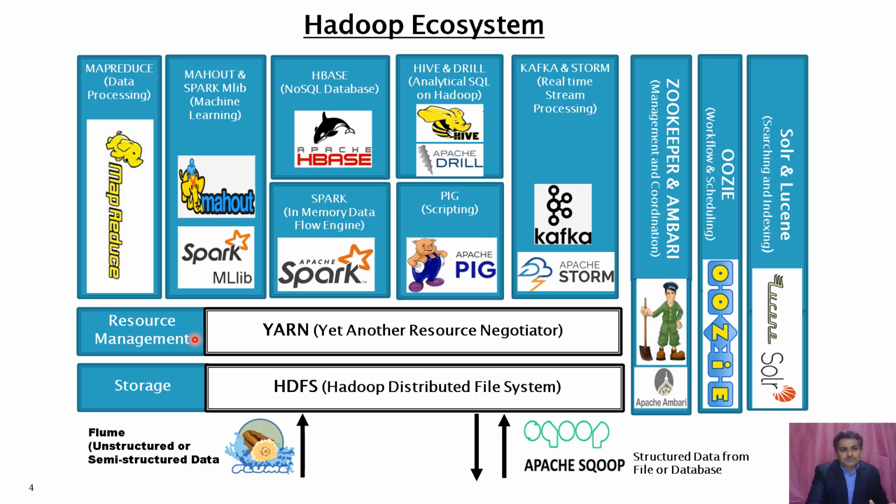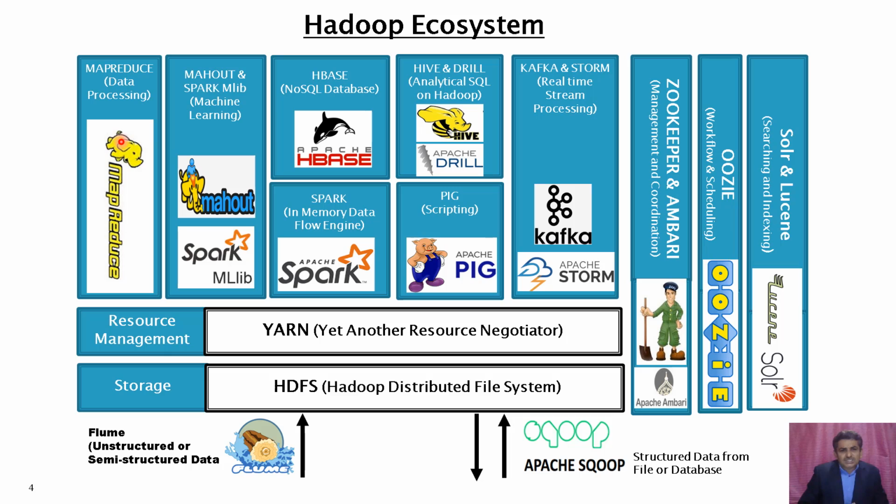Yarn is responsible for the task of resource management. The next component is MapReduce. The responsibility of MapReduce is to do the data processing. These three components, HDFS, Yarn, and MapReduce, were taken from version 2 of Hadoop.